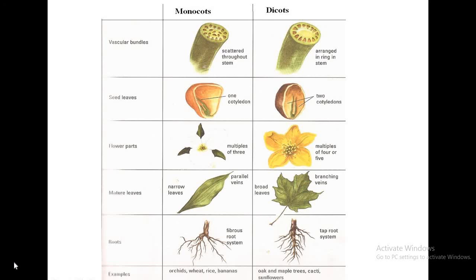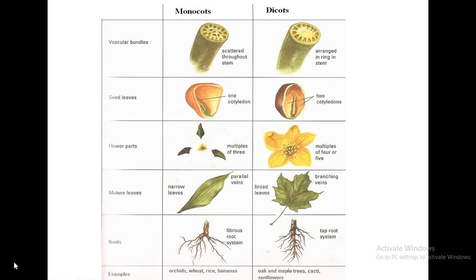So if you cut a piece of a stem, you'll come to know whether it is a monocot or a dicot. If it is arranged in a ring, it is a dicot. And if it is scattered, then it is a monocot. The rest of the other parts I think I have discussed.